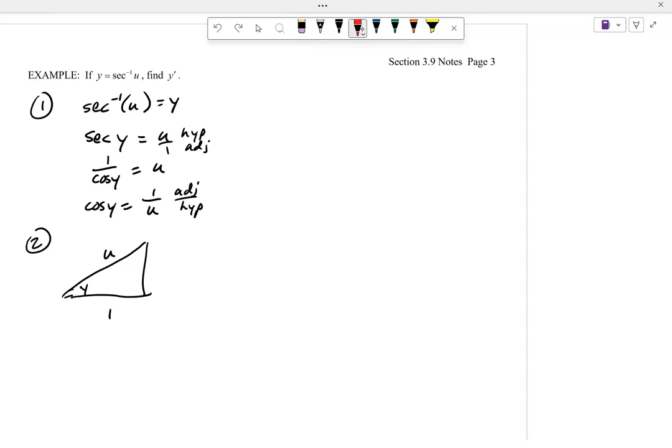So 1 squared plus b squared equals u squared. This will end up being b equals the square root of u squared minus 1, which we solve with the Pythagorean theorem. Remember, this is a 90-degree angle there. And then step 3. We have the secant of y equals u, and we're going to take that derivative.